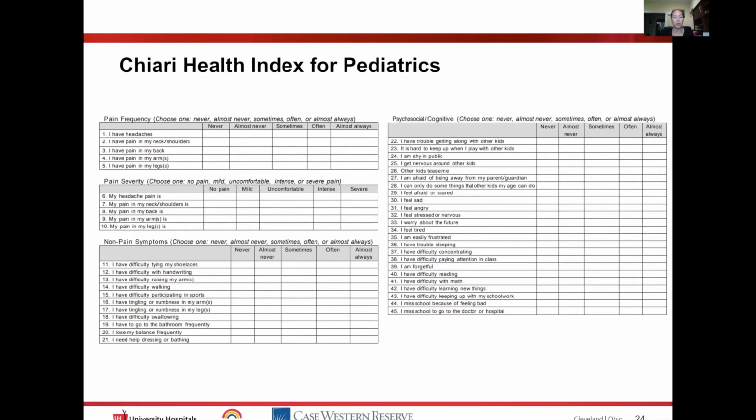Some of the non-pain symptoms are usually those activities of daily living: handwriting, raising your arms, walking, playing sports, or sensation, tingling, numbness, trouble with swallowing, going to the bathroom frequently, losing your balance, and then general activities of daily living. And then the psychosocial domain has everything to do with their mood and feelings, interacting with other children, and how they're doing in school and schoolwork.